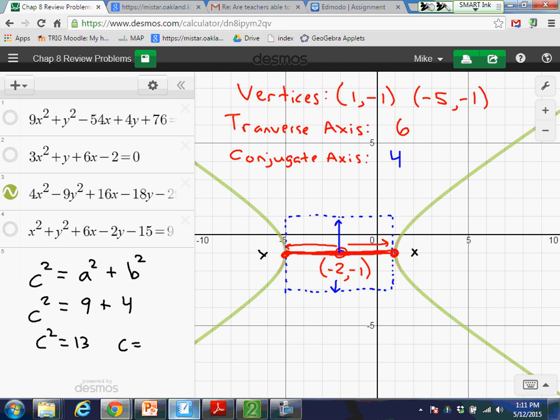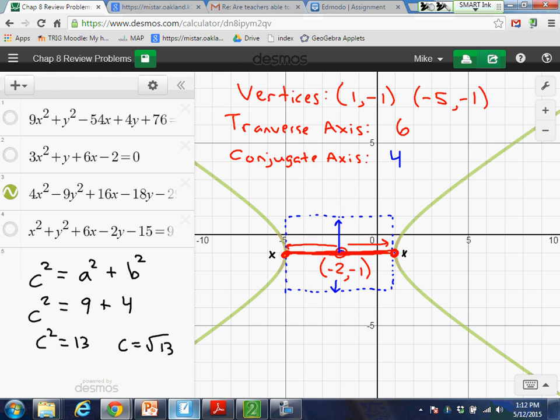So c ends up being the square root of 13, which should be somewhere between 3 and 4. So they're actually going to be a little bit closer here. If we go from our center and we count out, let's just get a better idea. Square root of 13, 3.6. All right, so if we go out about 3.6, so maybe about there, 3.6.